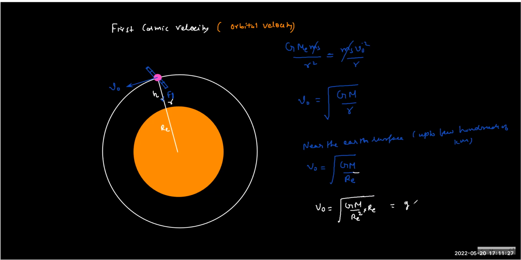So what is GM by Re square? This is called small g, the acceleration due to gravity near the Earth's surface, right? So V naught is root of g Re, and this value turns out to be roughly 8 kilometers per second. You can imagine, if you want to orbit Earth, those satellites which give you the weather forecast are close to the stratosphere, so they are not very far.